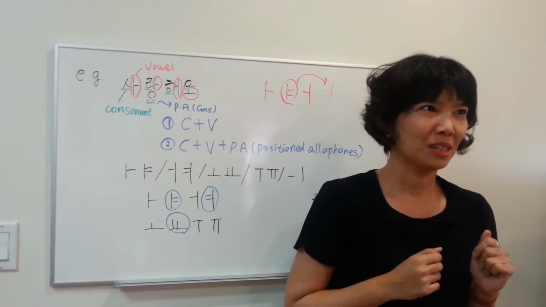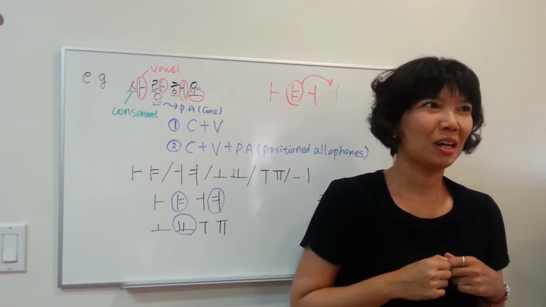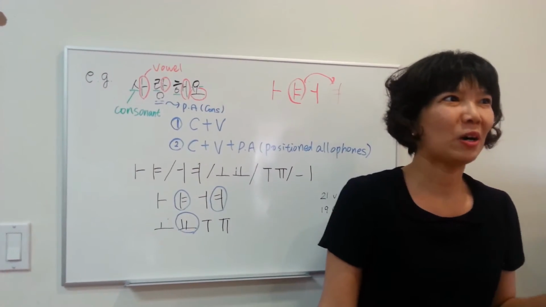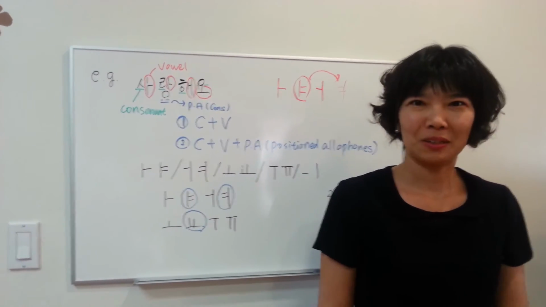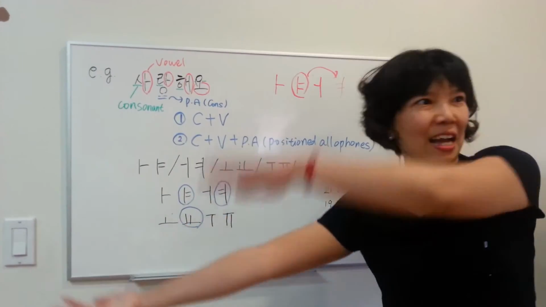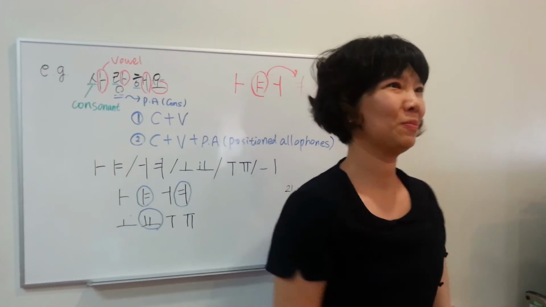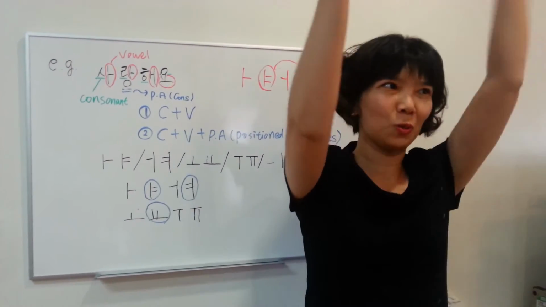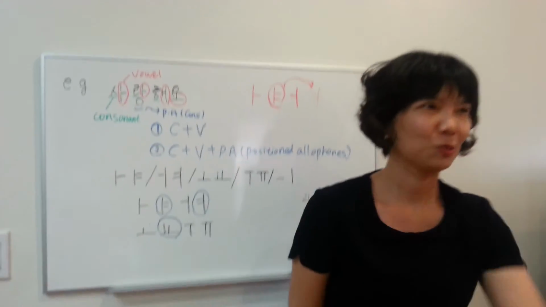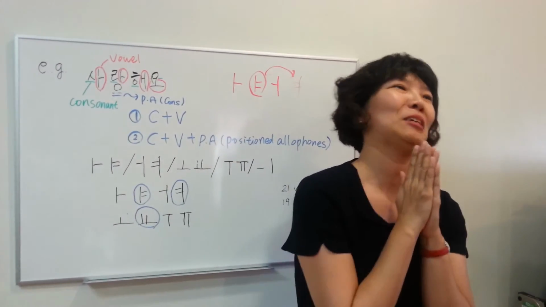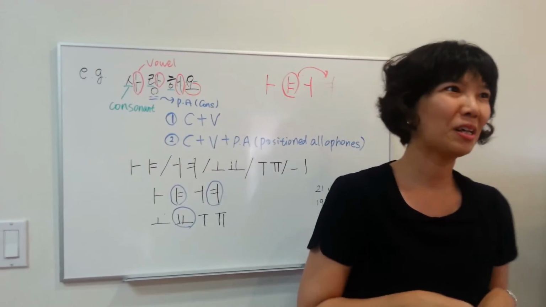Would you repeat after me, or would you follow me in the vowel dance, please? Okay. a, 야, 아, 야, 여, 여, 오, 요, 오, 요, 우, 유, 우, 유, 이. Oh, well done.